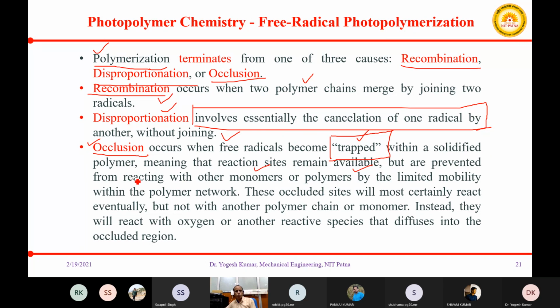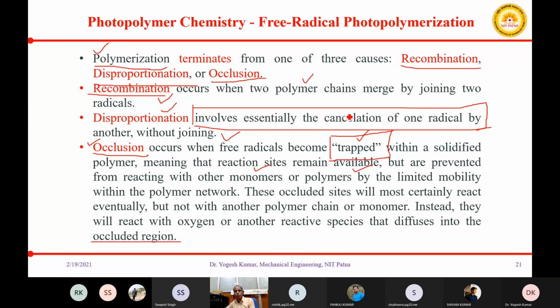So they are prevented from reacting with other monomers or polymers by the limited mobility within the polymer network. These occluded sites will most certainly react eventually, but not with another polymer chain or monomer. Instead, they will react with oxygen and other reactive species that diffuse into the occluded region.